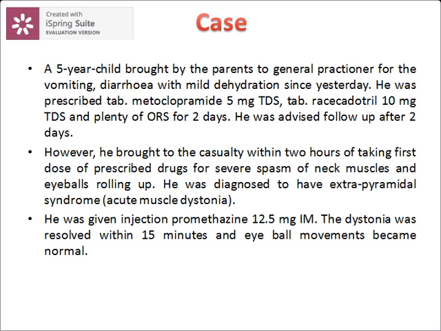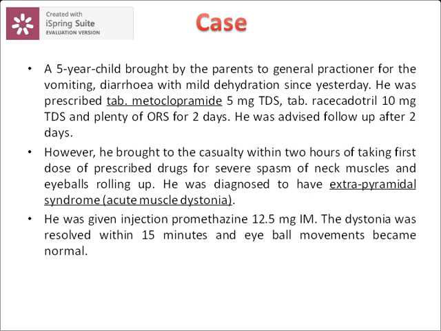But if we explore the pharmacological properties, racecadotril is an anti-secretory drug which inhibits the enkephalinase enzyme, while metoclopramide is a dopamine receptor blocker. That suggests metoclopramide as the causative agent in this scenario, which rules out racecadotril.